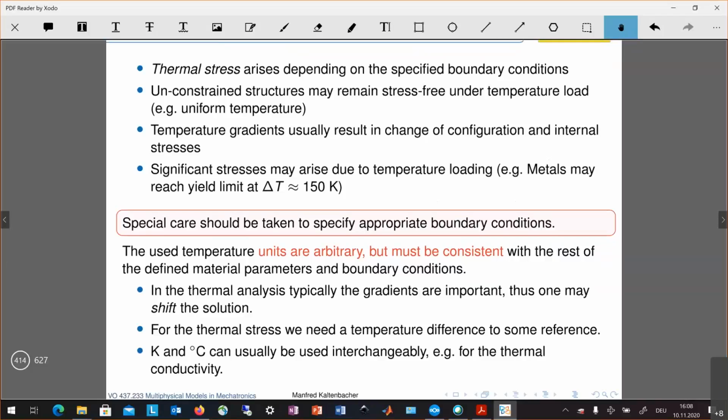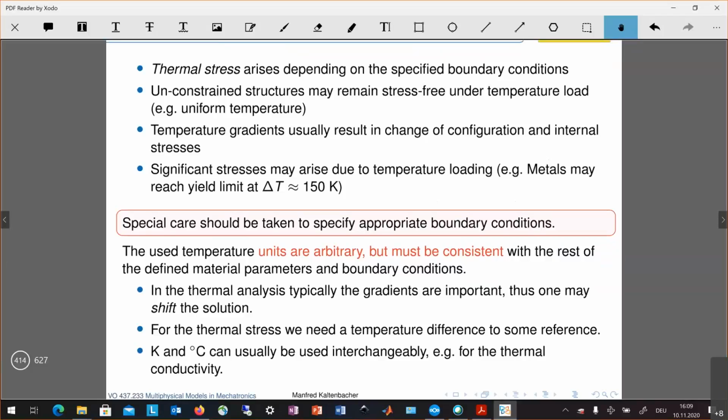Okay, so we have now also seen that we can have the full chain for the investigation of especially power electronic devices, that you start with computing the electric flow equation to get the Joule's losses.